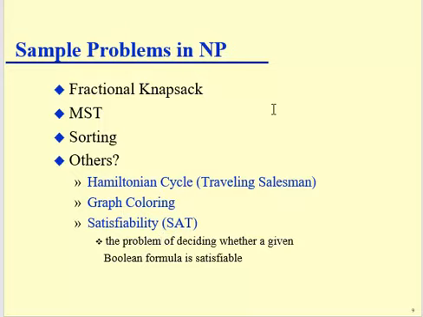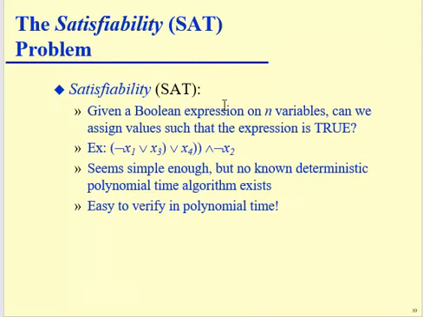Sample problems in NP are like fractional knapsack, traveling salesman, Hamiltonian cycle, graph coloring, satisfiability problem. I'm going to discuss the satisfiability problem. All these problems will come under NP.